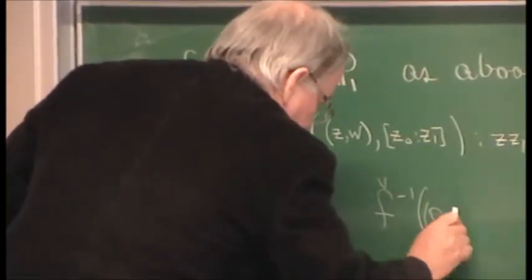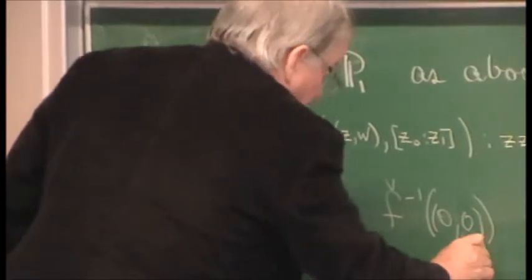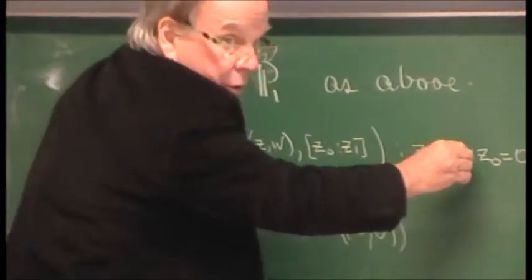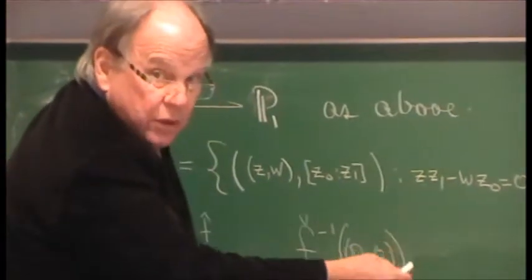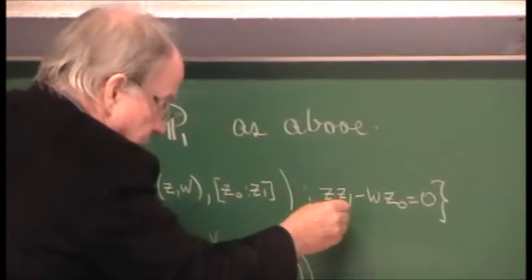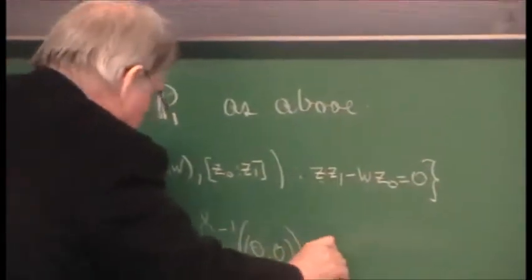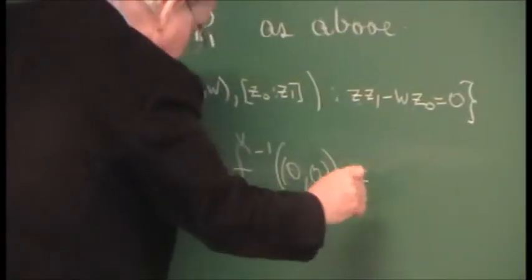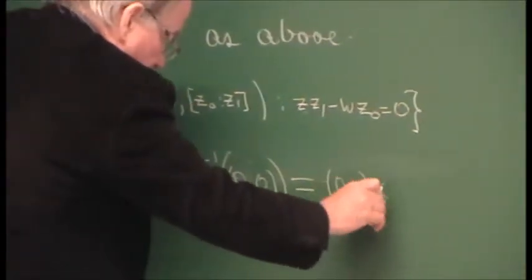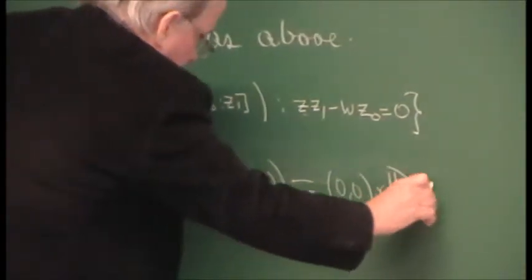Well, right, 0, 0. What I put in here is Z equals 0, W equals 0. That's what lies over 0. This equation degenerates, there's no equation. So that means, to be very precise, it is 0, 0 cross P1. Okay, that's P1.